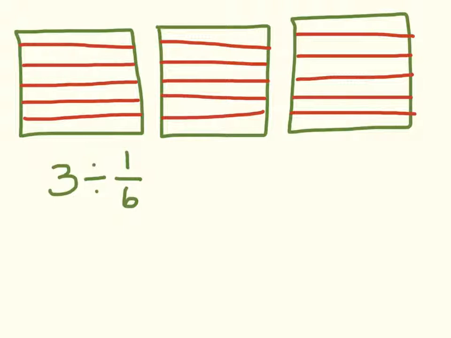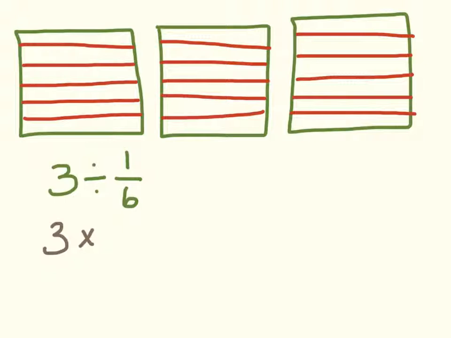We need to send our number sentence through our magical reciprocal making machine here. So we're going to drop down the 3. Then we send our division sign through the magical multiplication sign making machine and drop an X right here for multiplication.